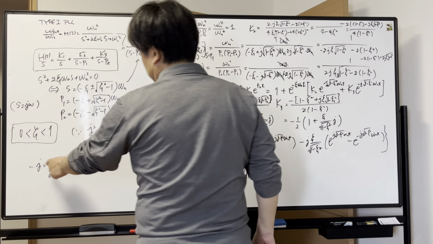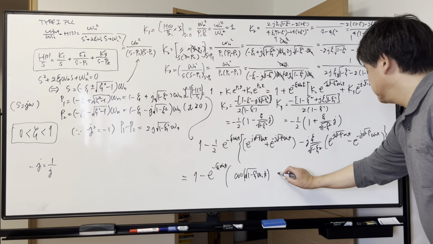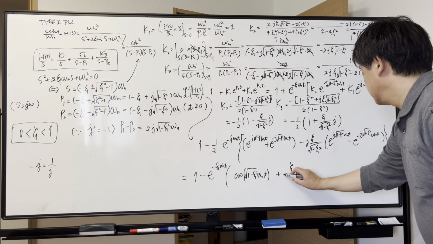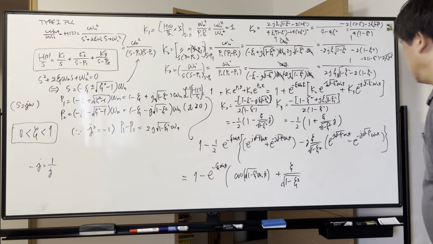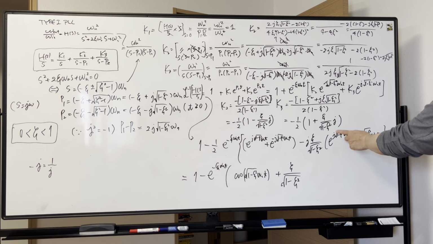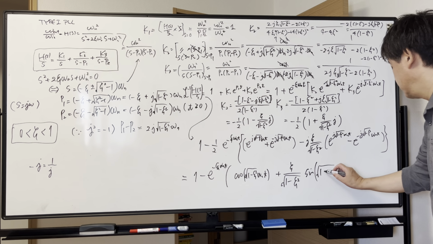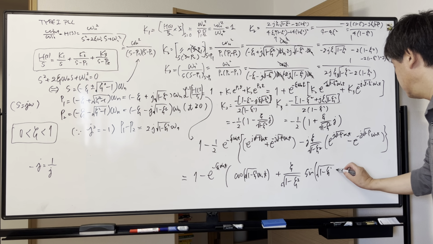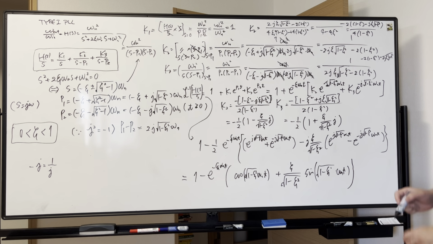Okay, j square is minus 1. So this is plus zeta over square root of 1 minus zeta square times 2j, divided by 2j, which is sine of square root of 1 minus zeta square times omega n t. So we can derive this equation here.